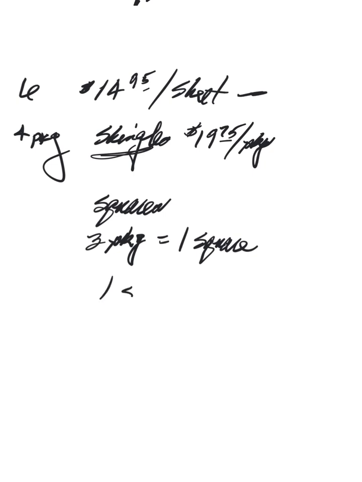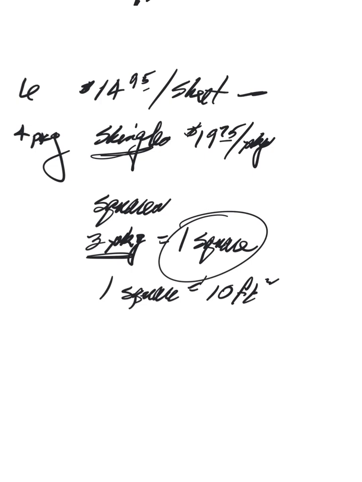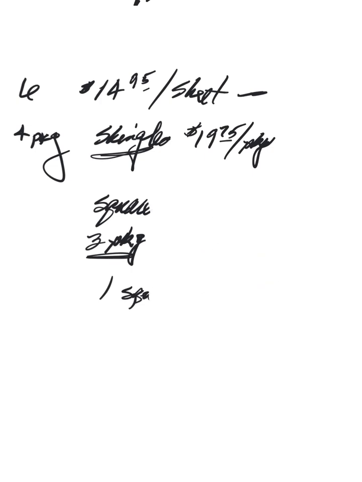And 1 square is 100 square feet. So just a little bit of information there when you're talking shingles. If you want to talk intelligently, it's 3 packages, and those 3 packages give you a square. So that's just some helpful information there.